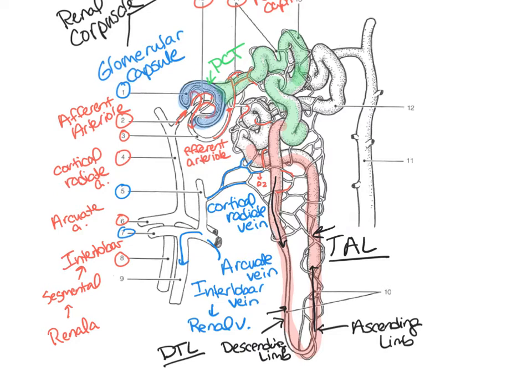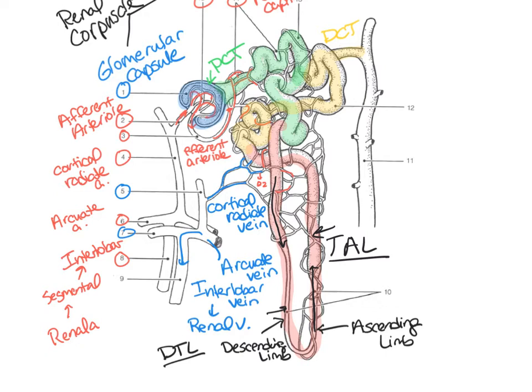From the thick ascending limb of the nephron loop, the tubule becomes the distal convoluted tubule, right? So it also is convoluted, and we can call this the distal convoluted tubule. It's distal because it's furthest away from the glomerular capsule. So that's why we call it the distal convoluted tubule.